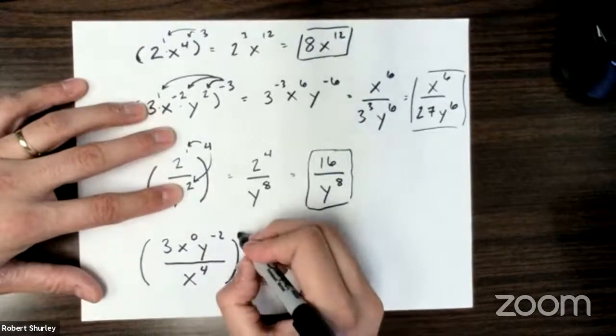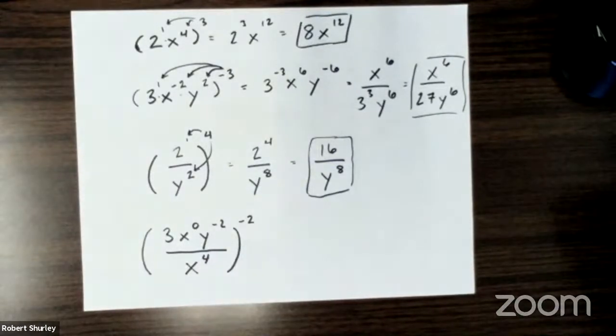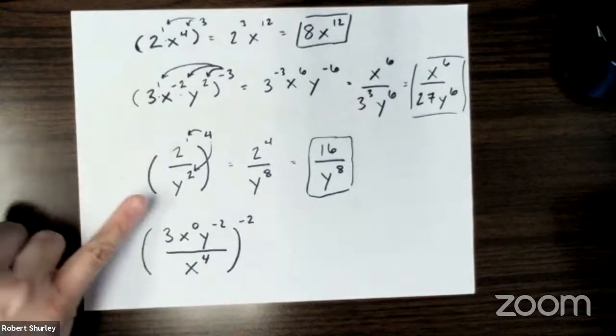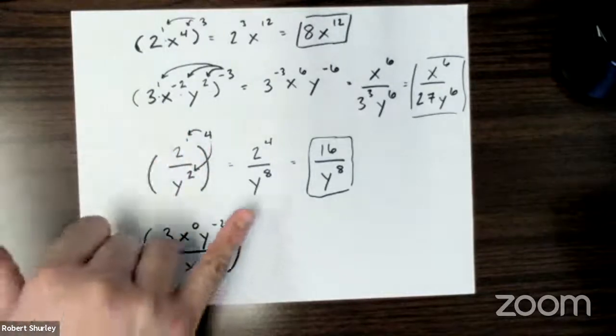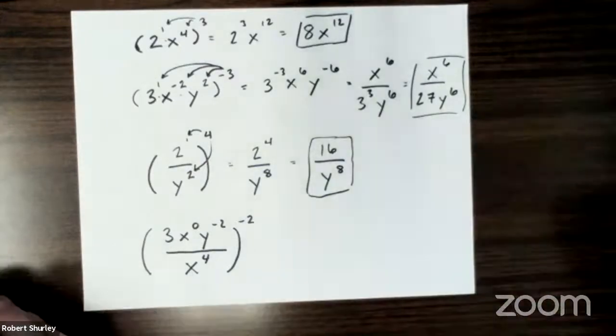And I'm going to raise this to the negative 2. I'm going to give you a minute. It's okay if you get it wrong. Just attempt it. Kind of see where you're at. Remember, it's got the power rule going on. So we need to make sure to bring the negative 2 into everything and then simplify it. I'll give you just a minute to get going on that.